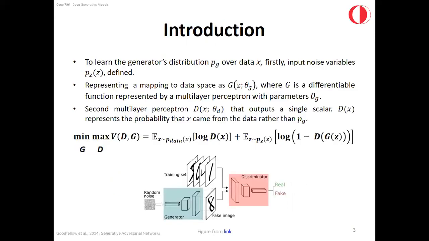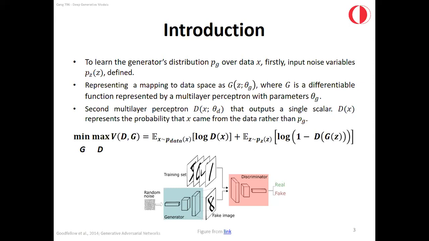So, as you all know, a generative adversarial network has two neural networks, which consist of a generator and a discriminator. The generator tries to minimize the log probability of its samples being classified as fake by the discriminator.